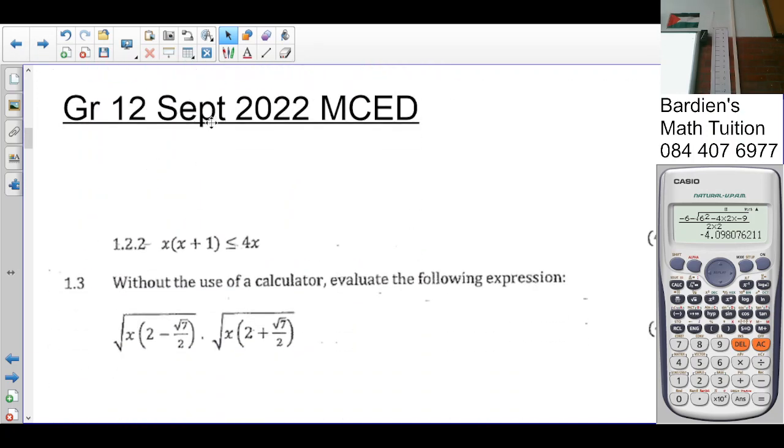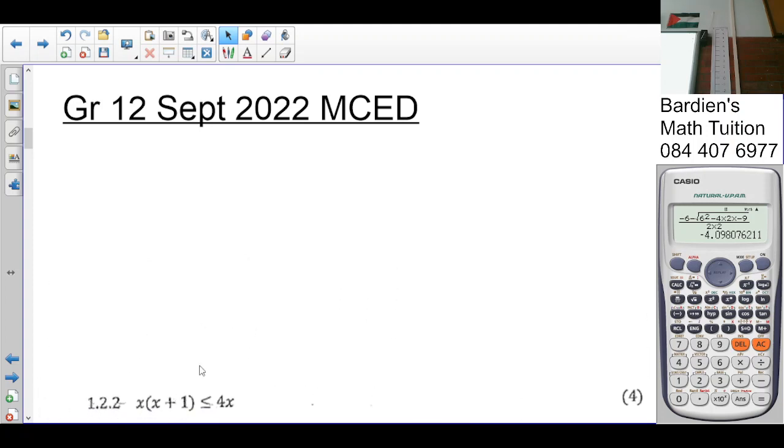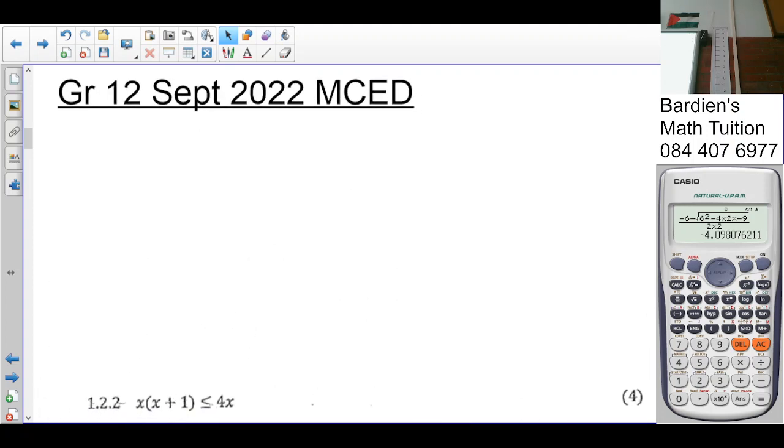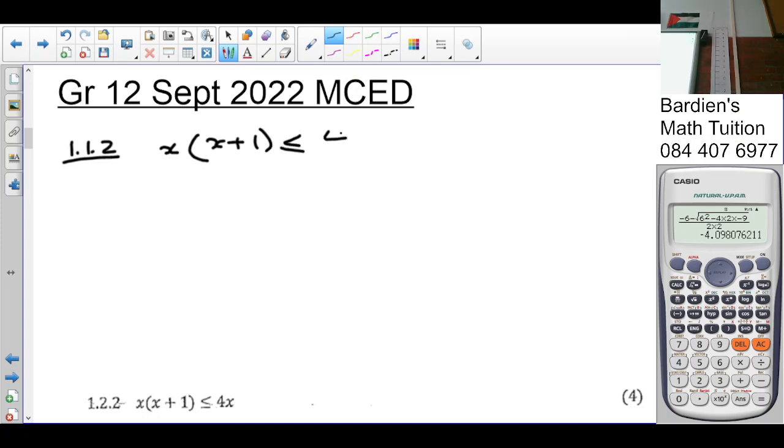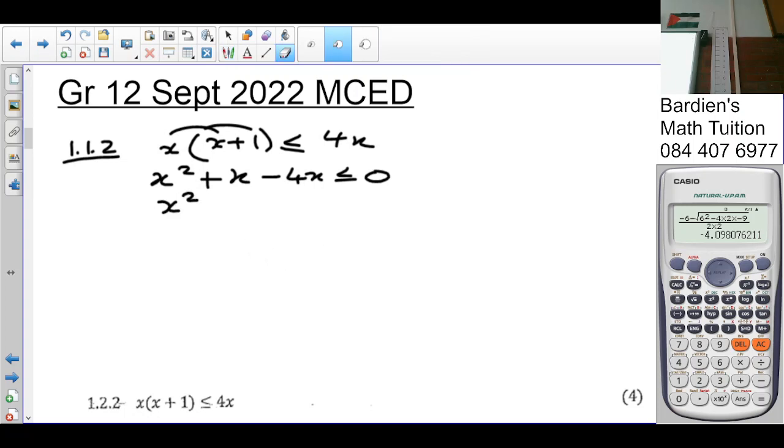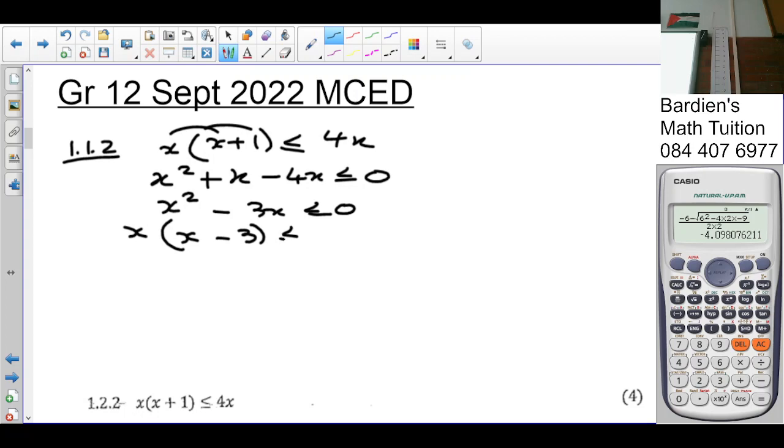People, in 1.2.2, we have x times (x + 1) has to be less than or equal to 4x. Get rid of the brackets, it's going to be x squared plus x minus 4x is less than or equal to 0. We've got x squared minus 3x is less than or equal to 0. So as you can see, we can take out x as a common factor. x(x - 3) has to be less than or equal to 0.